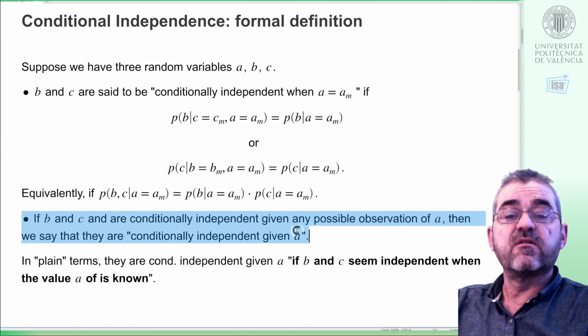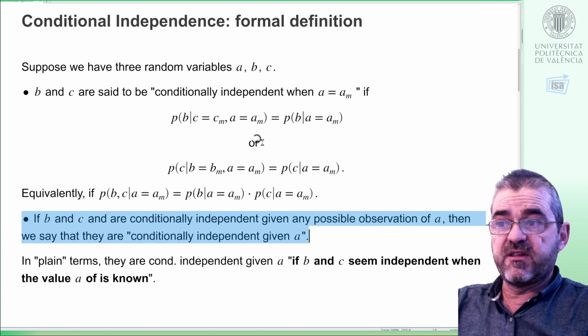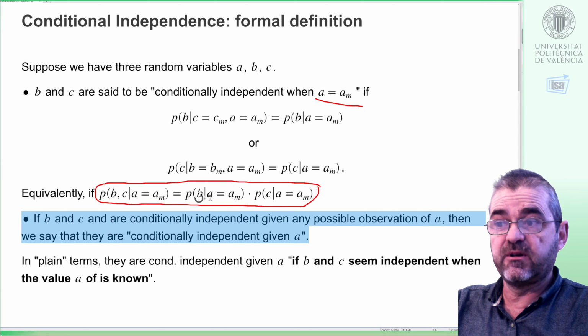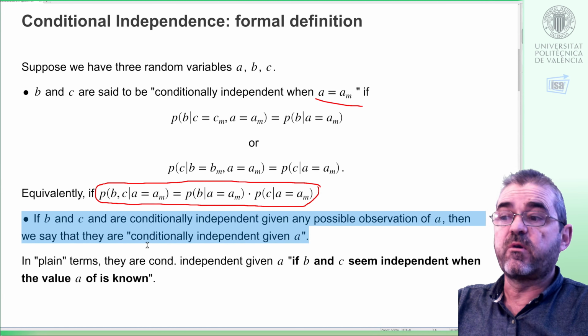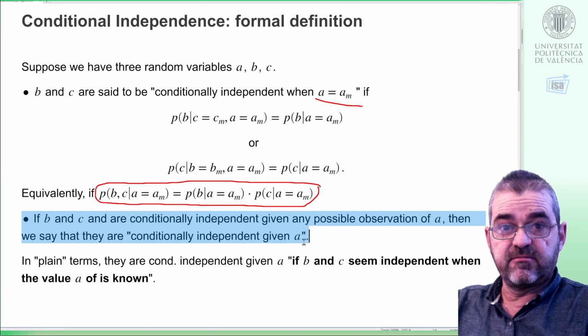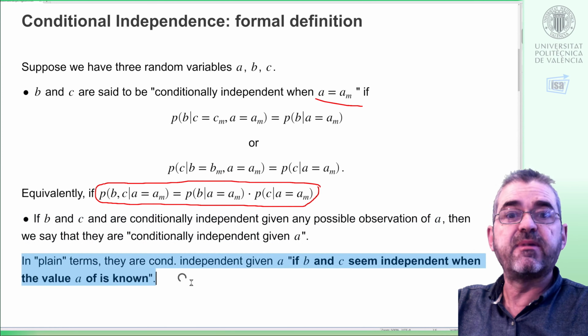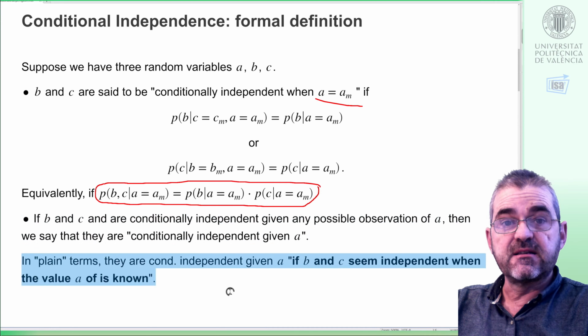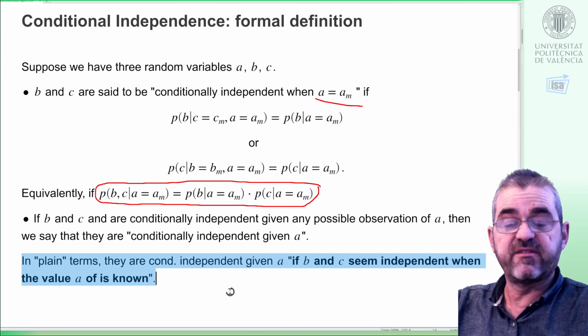A last refinement of these definitions. If these things hold for every possible AM in the set in which A takes values, so if this happens for all AM, then we will just say that they are conditionally independent given A. So in plain terms, B and C seem independent when the value of A is known.